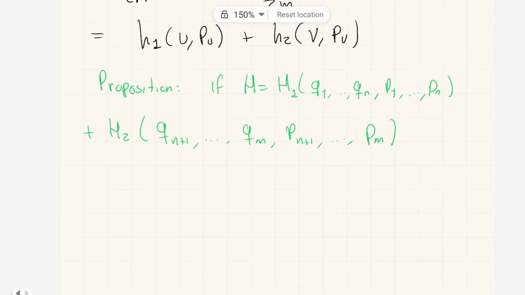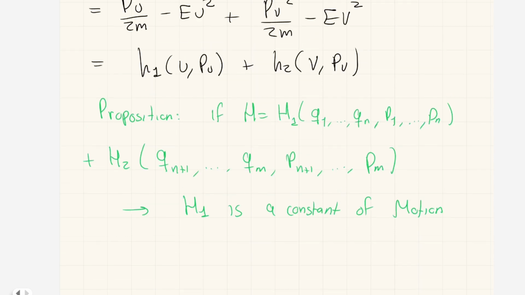If you have a Hamiltonian that has this structure, then we can say that h1 is a constant of motion. It is not very hard to prove. You can do it with the Poisson brackets. Maybe in a future lesson I will do it, but for now we are just going to take it as a fact.